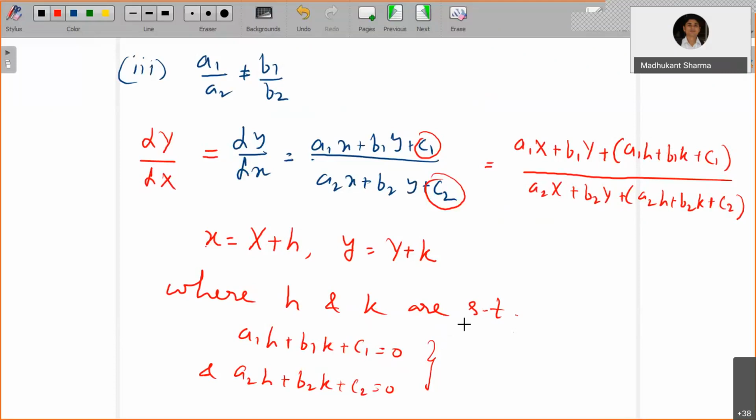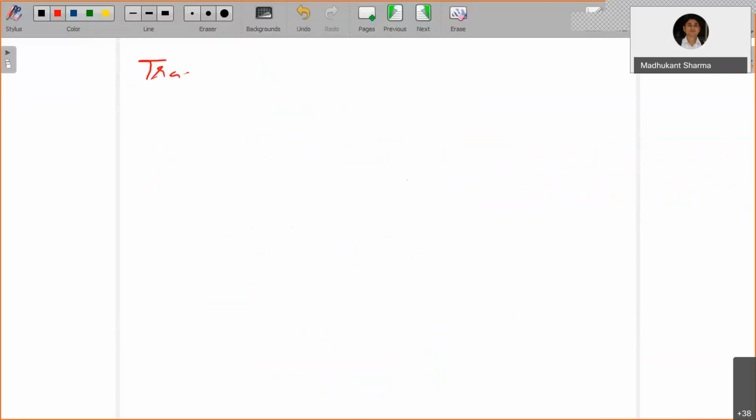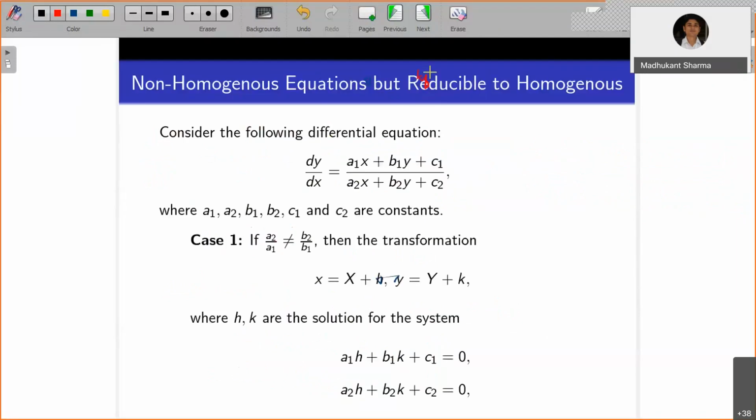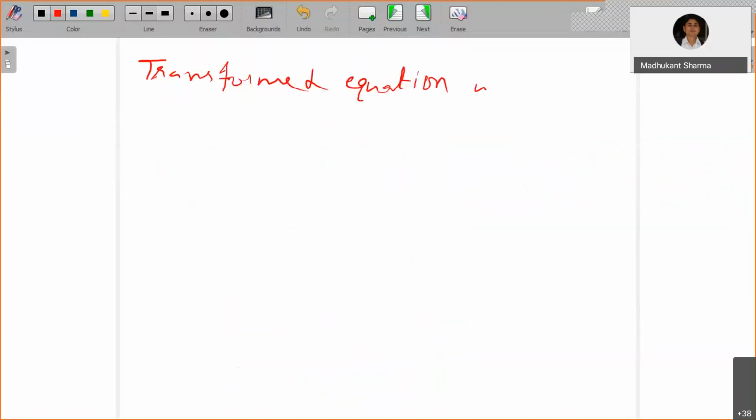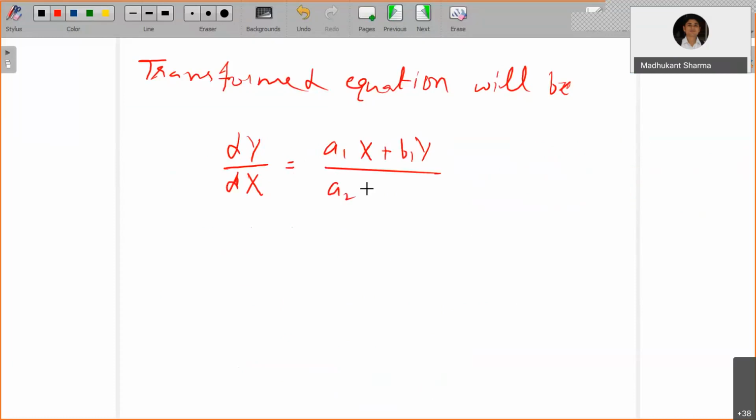So if you have chosen h and k such that this happens, what will the transformed equation be? The transformed equation will be dY by dX is equal to, note that here capital Y and capital X are there, (a1X plus b1Y) by (a2X plus b2Y), which is a homogeneous equation of degree 0.